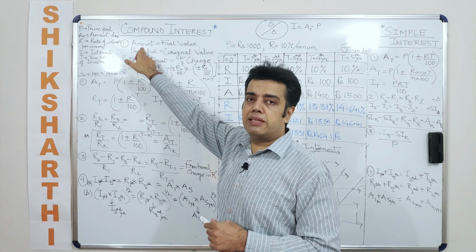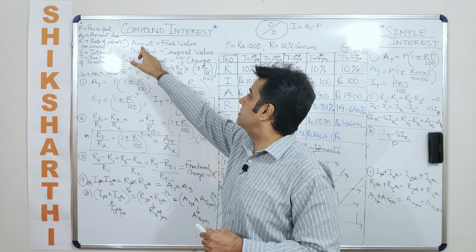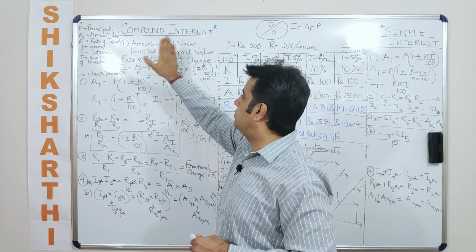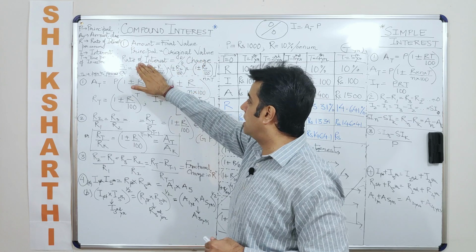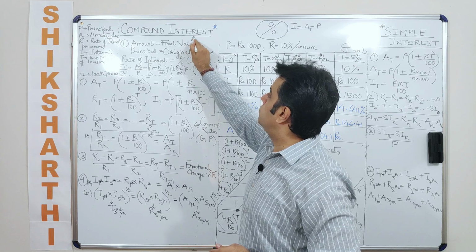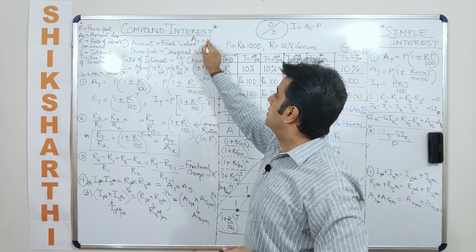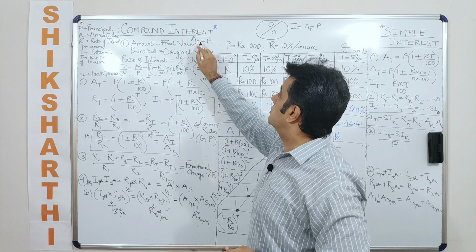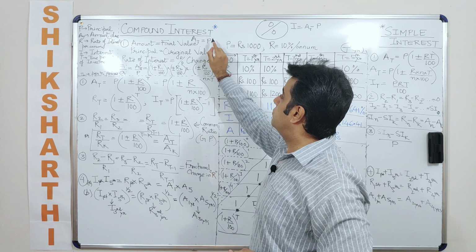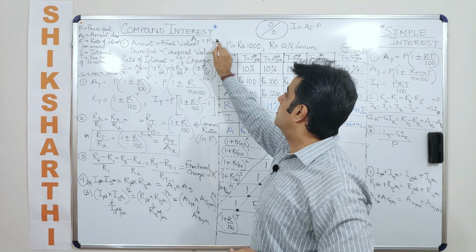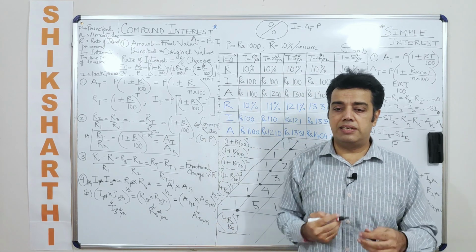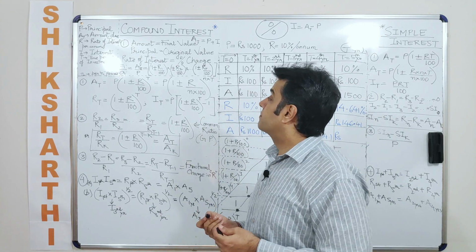So we know now that the amount due after T years is nothing but the final value, and P, the principal value, is the original value. So the amount due after T years, the final value, is equal to the original value, which is the principal amount of investment, plus the change in value, which is the interest. Please try and relate it with the earlier discussion on percentages.